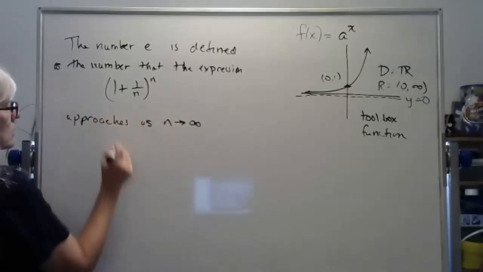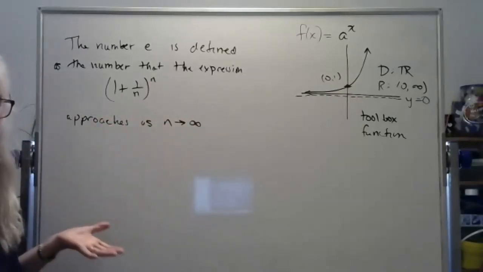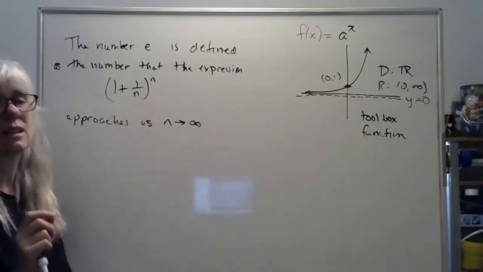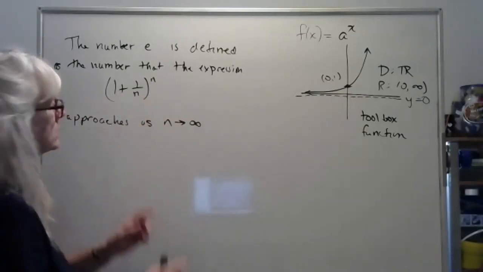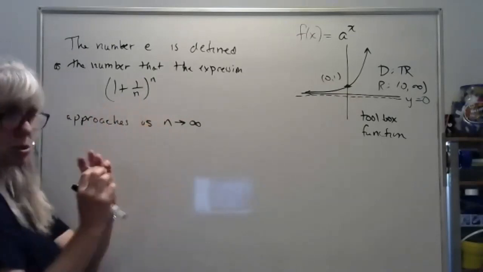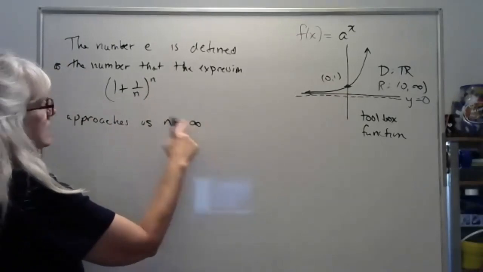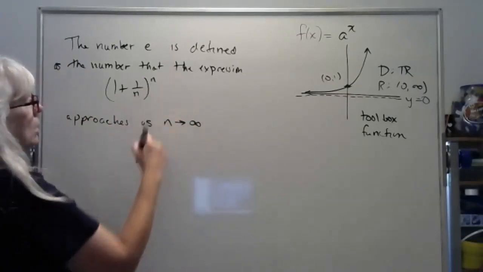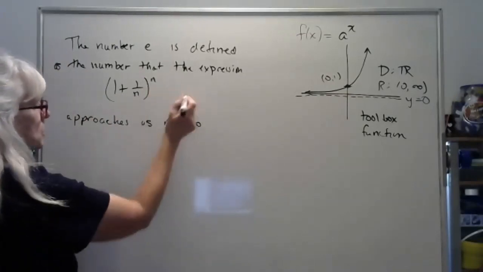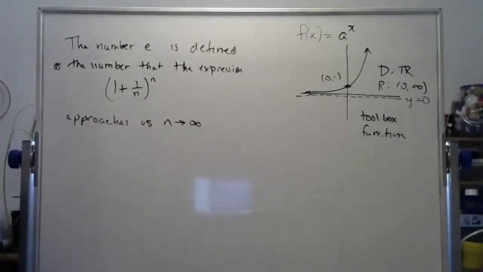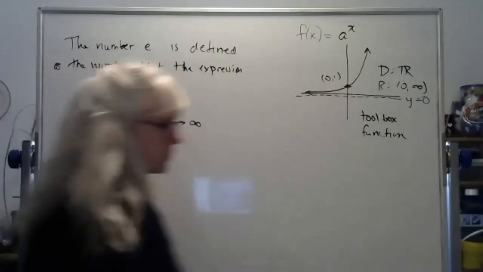So in other words, this expression of 1 plus 1 over n to the nth power pops into the business world a lot. It pops into the biology world also. This is what we consider to be a growth of a true population. So as this value for n gets bigger and bigger and bigger, the result is that this expression is going to approach e.